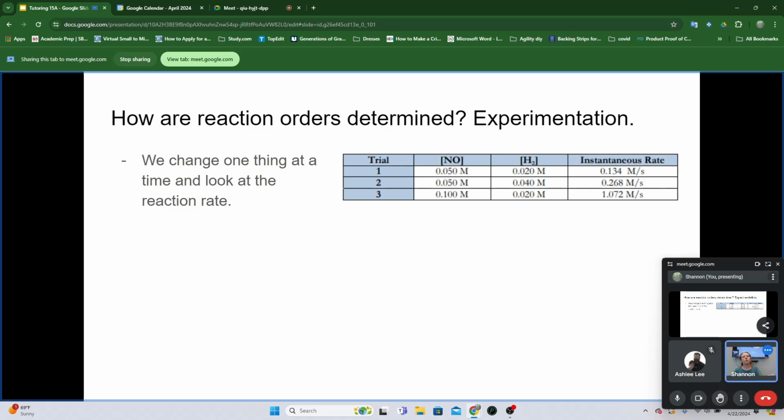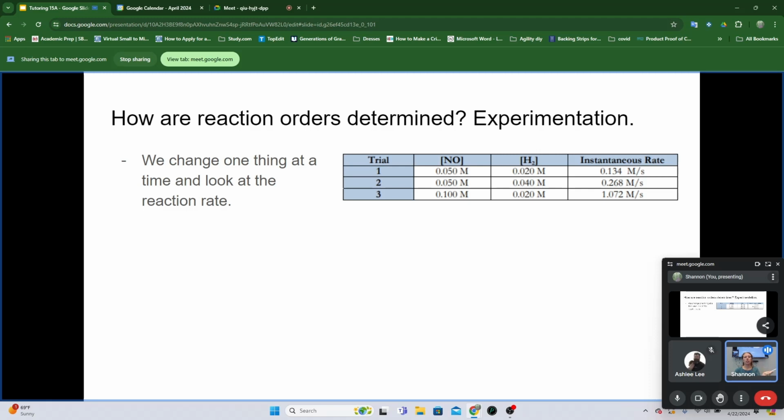Between trial 1 and 2 in this one, they are keeping the concentration of the nitric oxide the same, right? It's both 0.05 molar, but they're doubling the concentration of the hydrogen. So they're just changing one thing so they can learn what happens to the reaction rate if I just change hydrogen. How is hydrogen affecting the reaction rate?